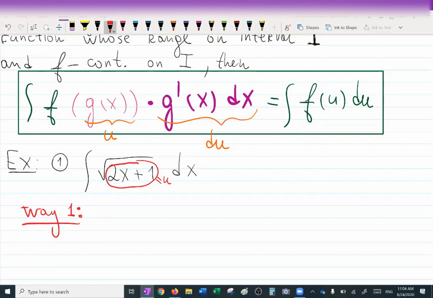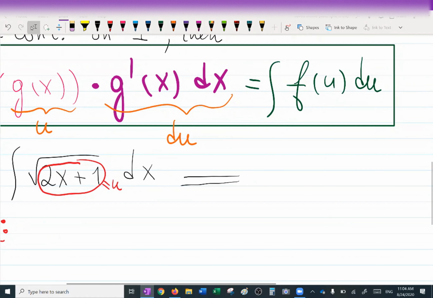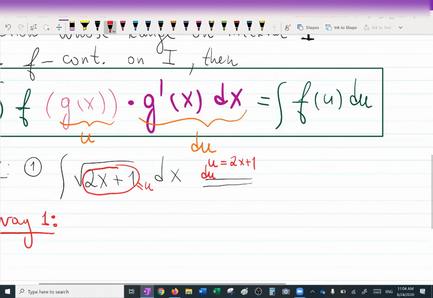So way 1 is, and here's a notation I learned in Ukraine. I do a huge square equal sign like this, and you don't have to follow this notation. I always point this out. And I write on top of the equal sign, my u is 2x plus 1. And then I immediately need to find du, because that's what the formula says. Look at the formula, it's in front of you.